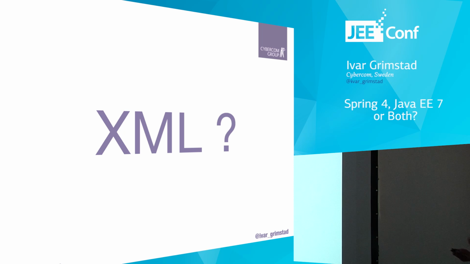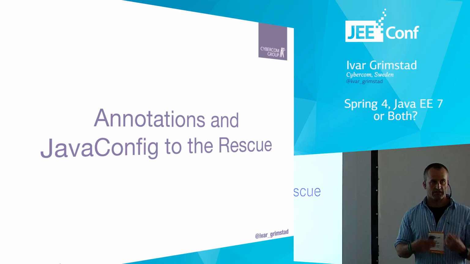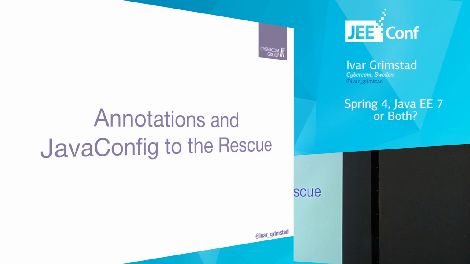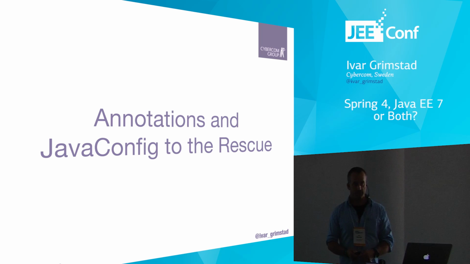But I guess most of you are aware that it's not that anymore. And it hasn't been for a while. So you can actually write a pretty good Spring application without a single line of XML. And that's kind of a relief. I mean, we are Java programmers after all, and not XML writers. So, which do you prefer? I mean, you can mix and match. It's more or less up to you.